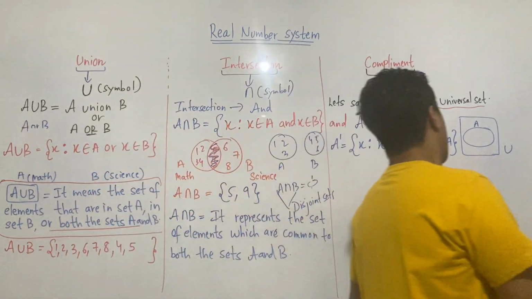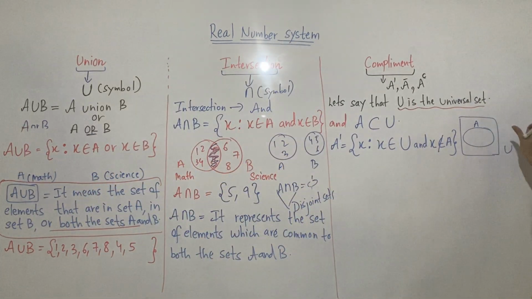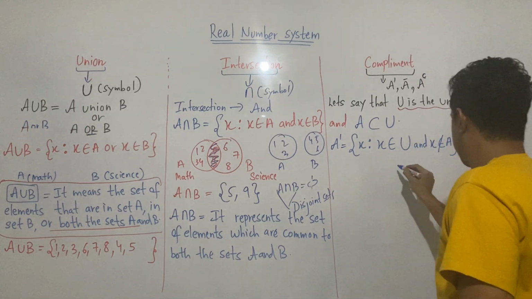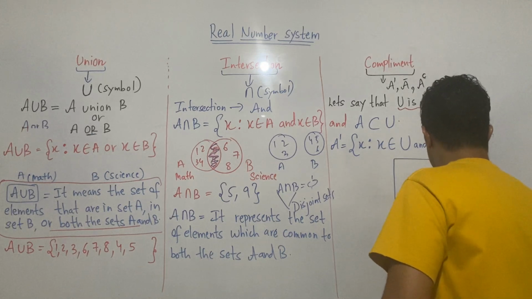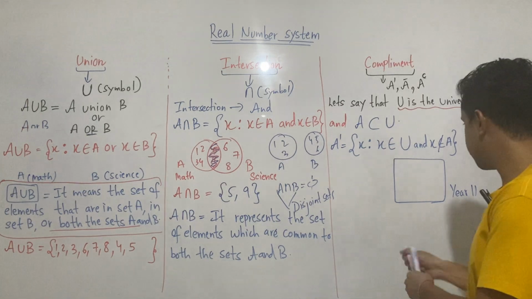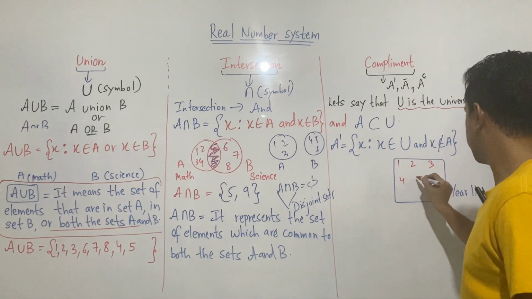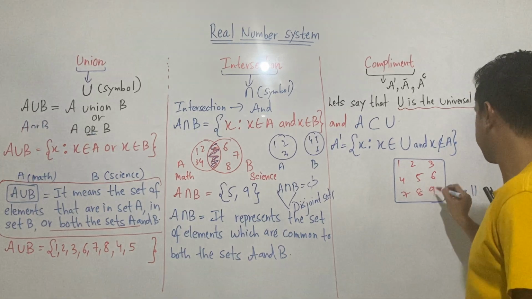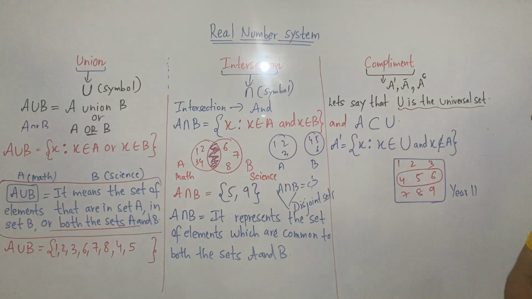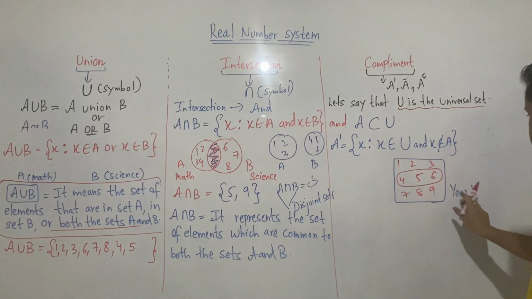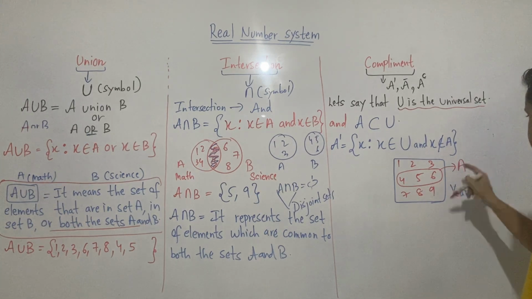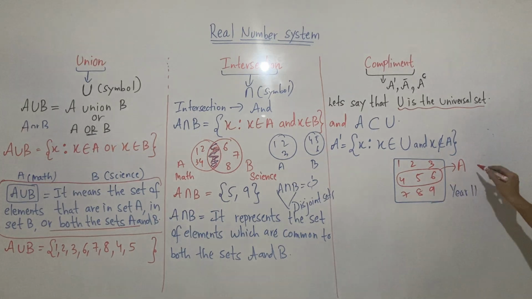Let's see here. For example, this is my year 11. In year 11, I have students number 1, 2, 3, 4, 5, 6, 7, 8, 9. This is my year 11, and this set A represents the students who like math.